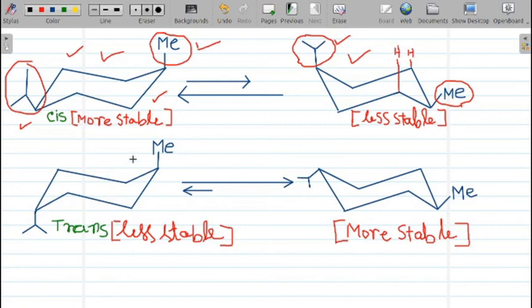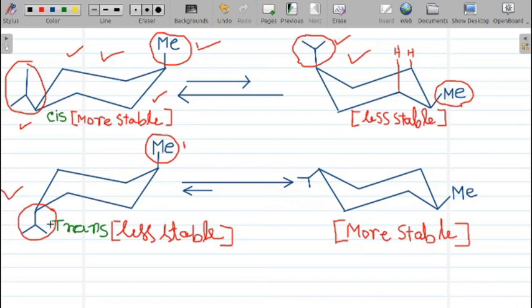But in the trans isomer, you can see that one methyl group is present at the axial position and the other 2 degree carbon is also present at the axial position.